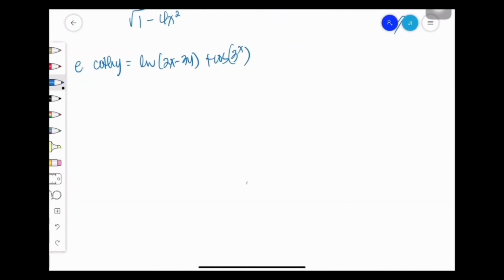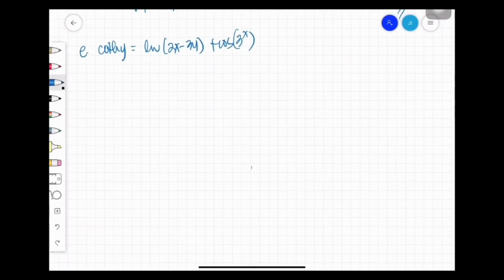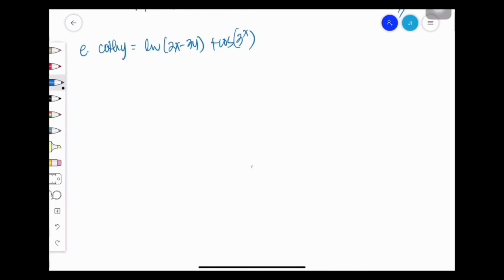See to item E. In here, you have hyperbolic cotangent y equals ln of 2x minus 3y plus cosine 3 raised to x. So do we need to use logarithmic differentiation here? Well, we do not have a complicated function though. I mean, we do not have a combination of quotient, products, and powers on any sides.